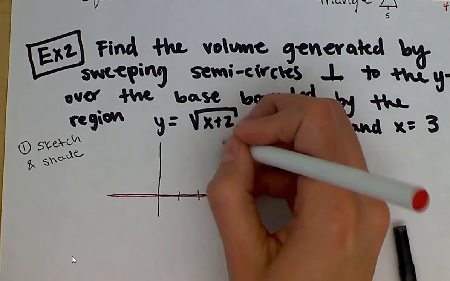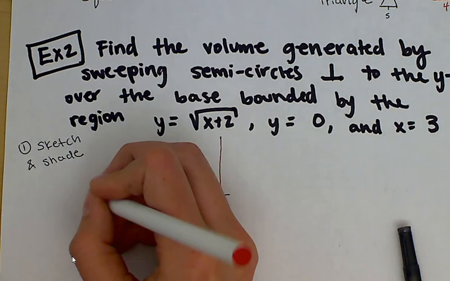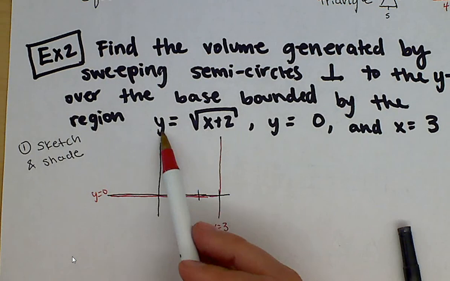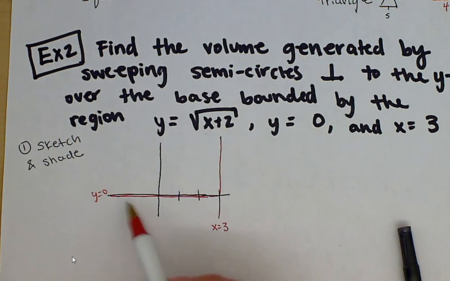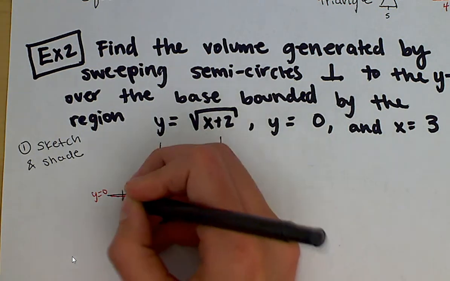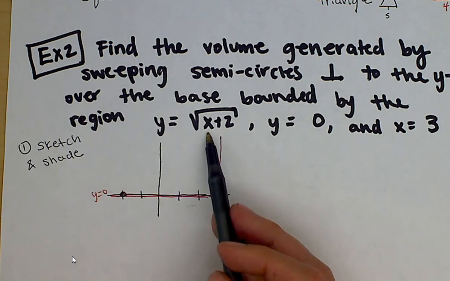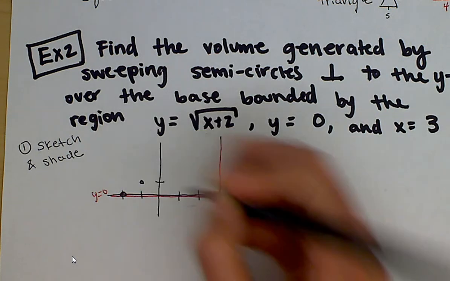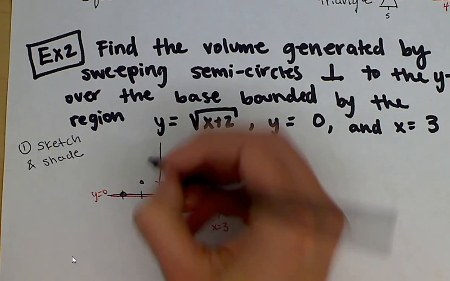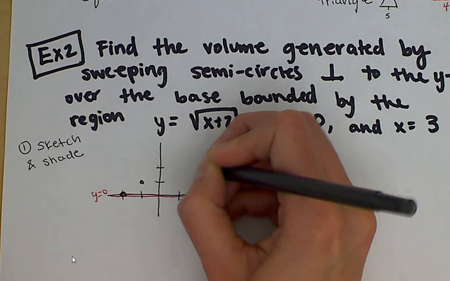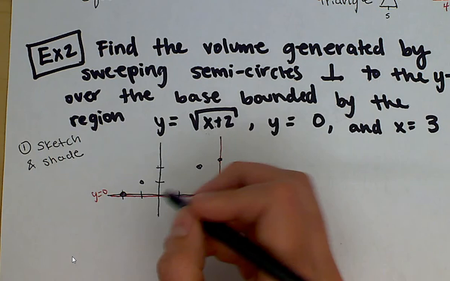Here is x equals 3, and y equals 0. And then the graph of square root of x plus 2. So this is my square root function shifted to the left 2. So I know I start here. When x is -1, my function will be 1. When x is 2, then I get the square root of 4, which is 2. And I'm going to end here. When x is 3, my value is just up a little bit between 2 and 3, and this is at square root of 5.